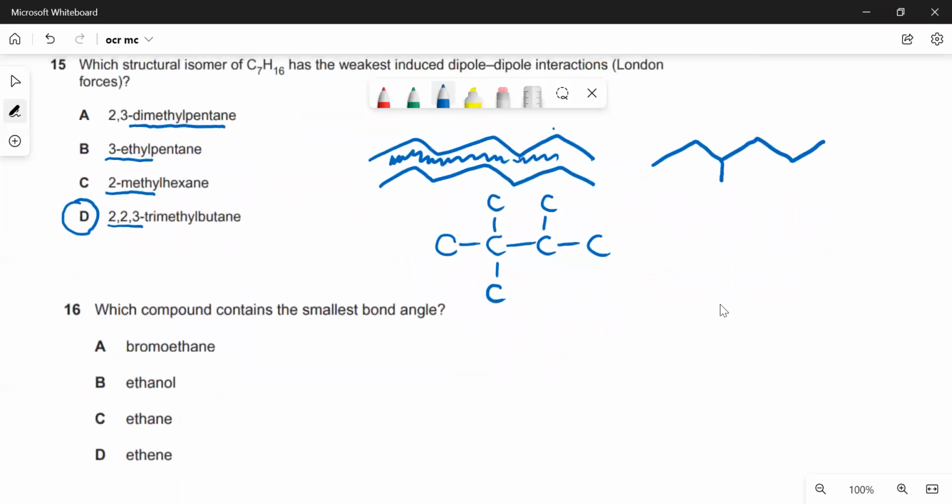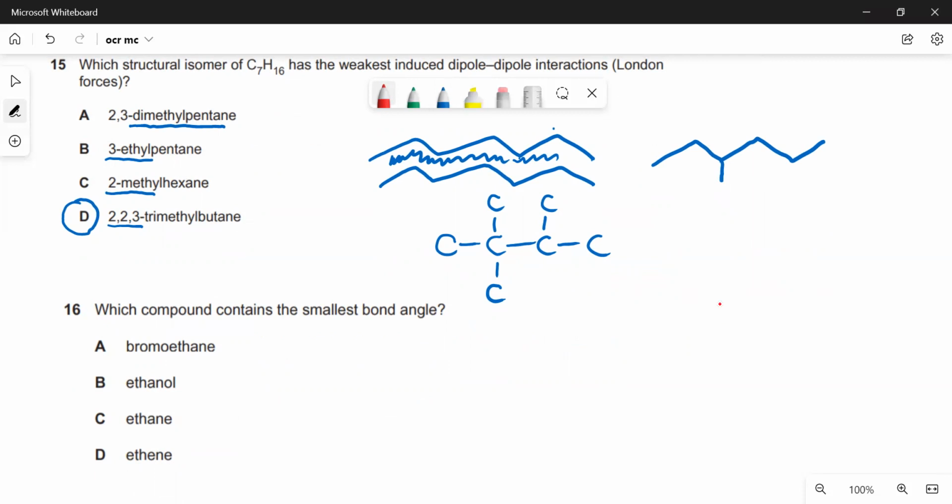Which compound has the smallest bond angle? Now, the smallest bond angle you can have is 90 degrees in some things, isn't it? In octahedral things you can have 90 degrees, but there are no octahedral things going on here because we've just got carbons, so we can forget about that.